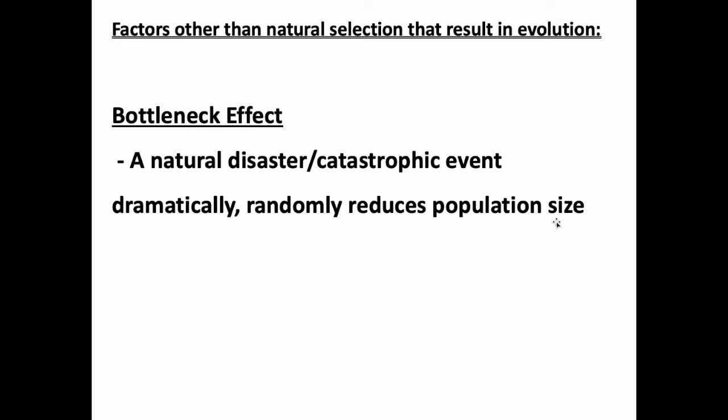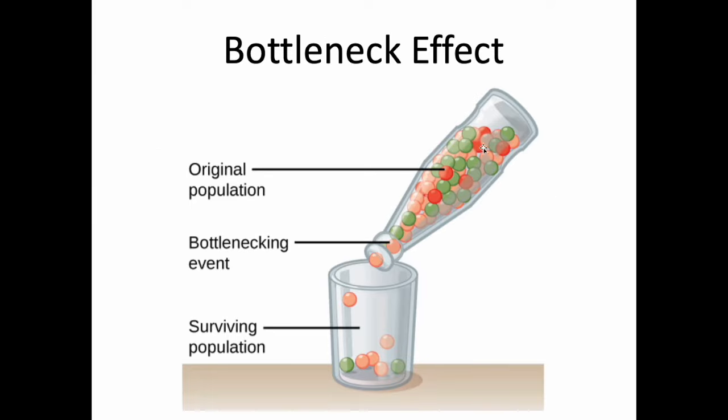So this is called the bottleneck effect because this is like if you had a bottle full of individuals in the population. You could treat each one of these beads here as an individual, or the alleles within the population, and you dump out a few of them and then you throw away the bottle. The rest of them are dead.